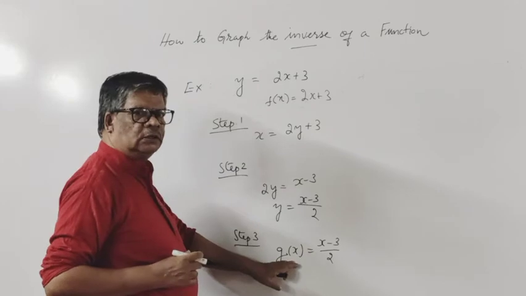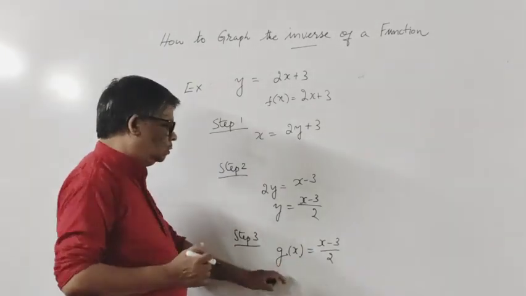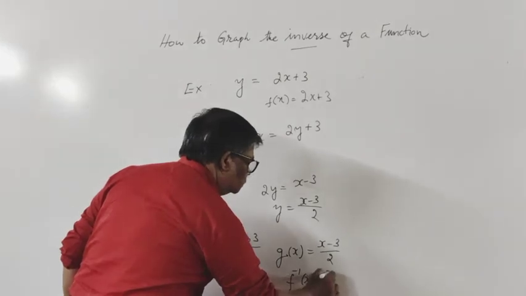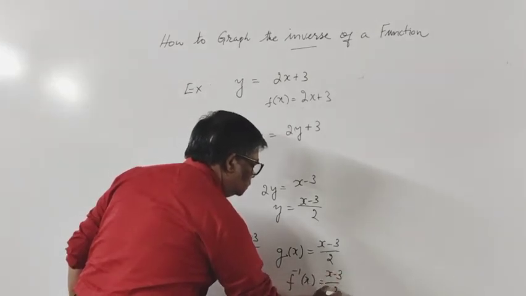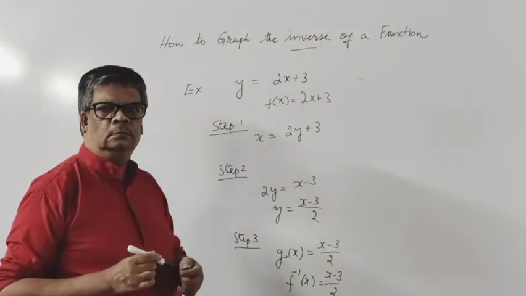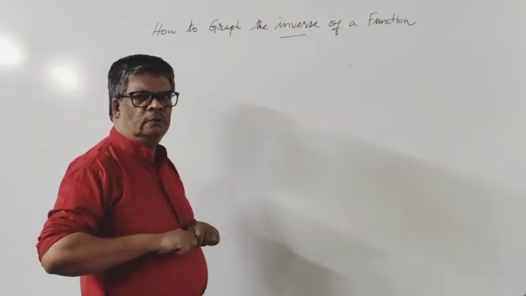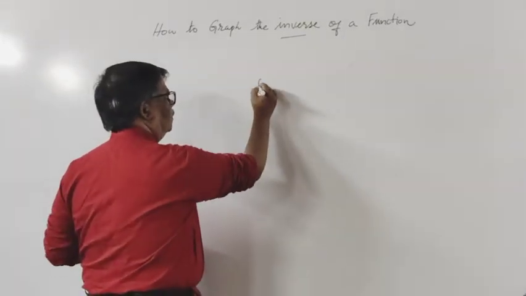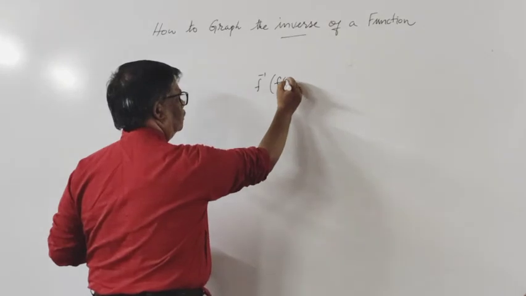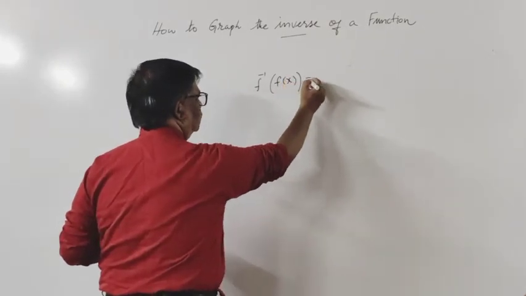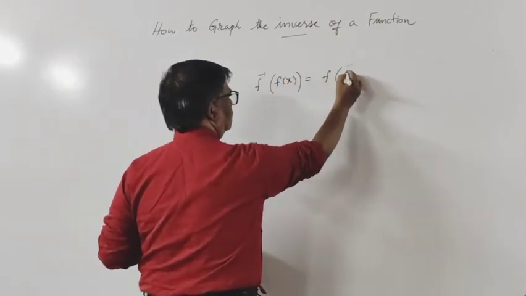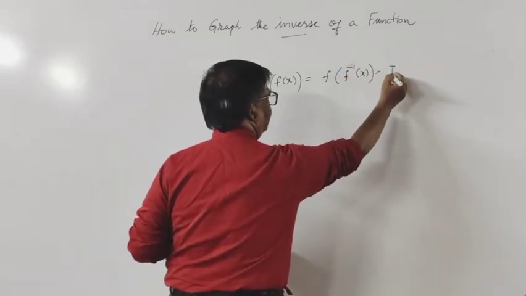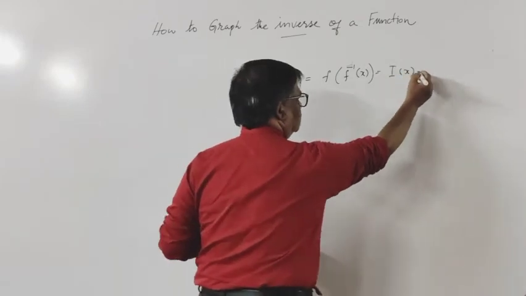Instead of g of x, we can write f inverse of x also. Now the property of f and f inverse is that f inverse of f of x is equal to f of f inverse of x is equal to I of x is equal to x.